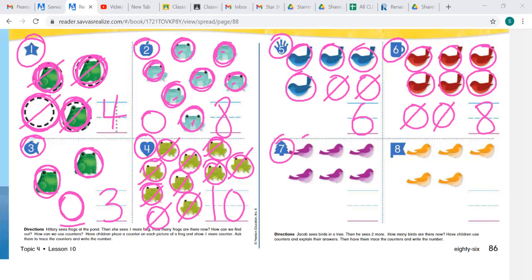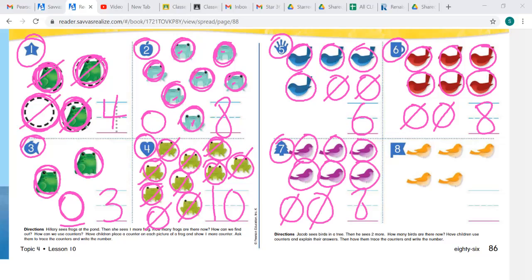Number 7. 1, 2, 3, 4, 5, 6. We have 6 birds. We are going to see 2 more. What comes after 6? 6, 7, 8. We see 8 birds. We have 8 counters.